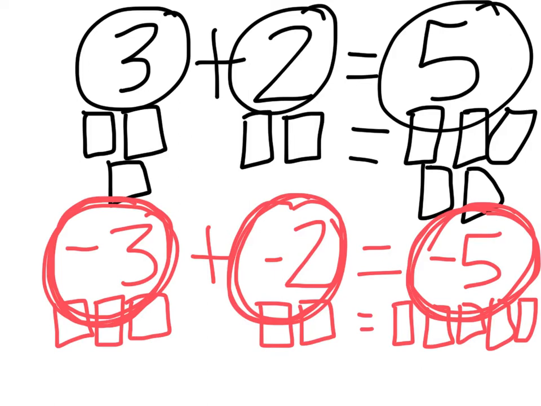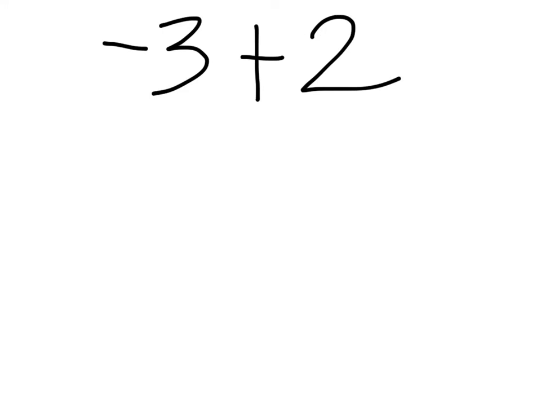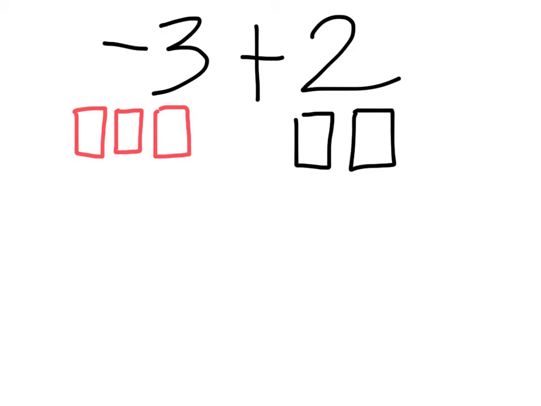But now let's try something a little bit different. What if we have a negative and a positive, or a positive and a negative? I will show you what we can do with the pictures. I will use my red marker to represent the negative 3, my black to represent the positive 2, and now I can make what are called zero pairs, where I match up one red tile with one black tile.